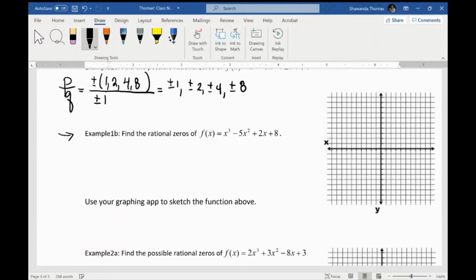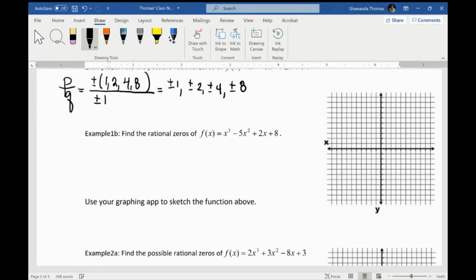And what else could possibly assist us with our synthetic division? Graphing. All right, I want you to graph the function. And then I just want you to come up with one zero that you are pretty sure works from the graph. I'm going to let you do that. I want you to practice using decimals.